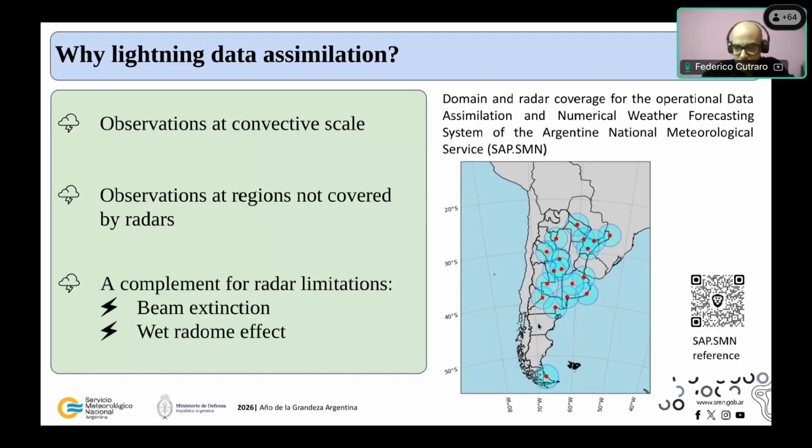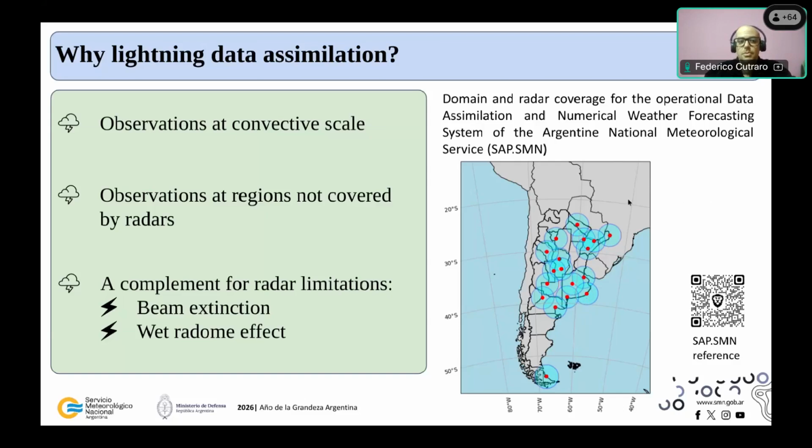Here in this image, I show the region where the National Meteorological Service of Argentina performed an analysis, and the only observation at convective scale is radar observation, and it is located only in these circles that I show in the image. As you can see, it's a small part of the domain.